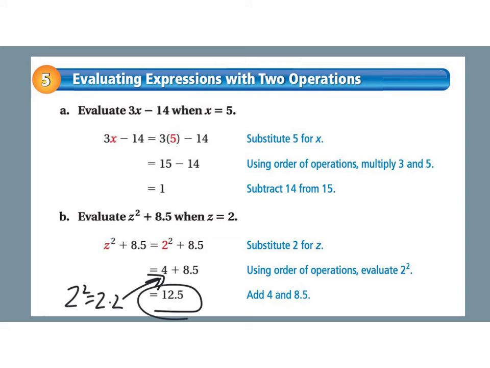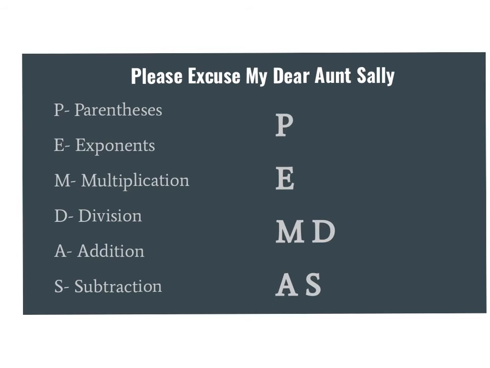A quick reminder back on this one, if you have 3x, that could look like 3 times x, or like what they did there with the parentheses. Remember, when something is right next to the parentheses, there's that invisible multiplication sign in there as well.